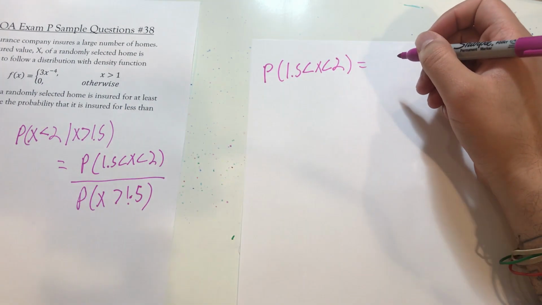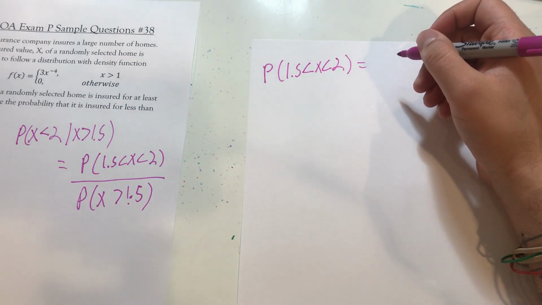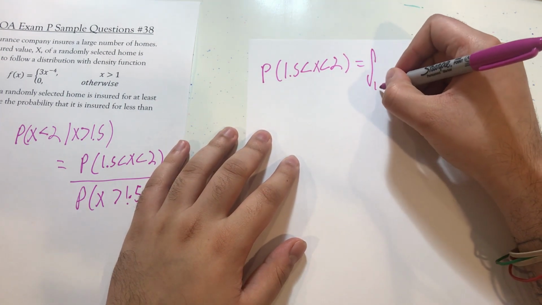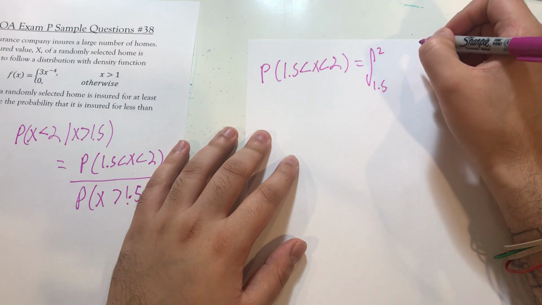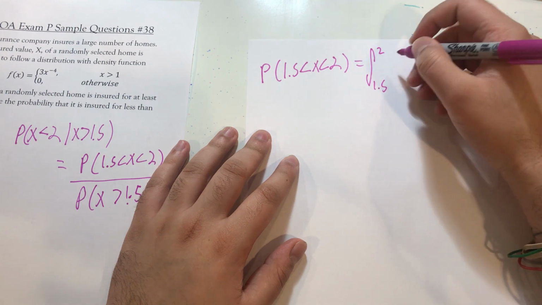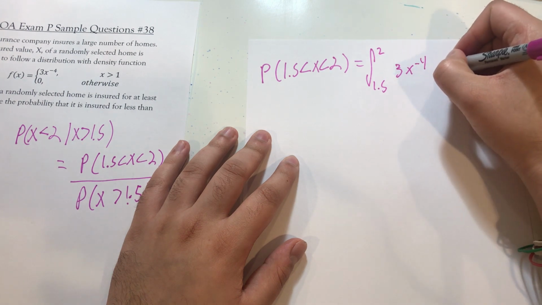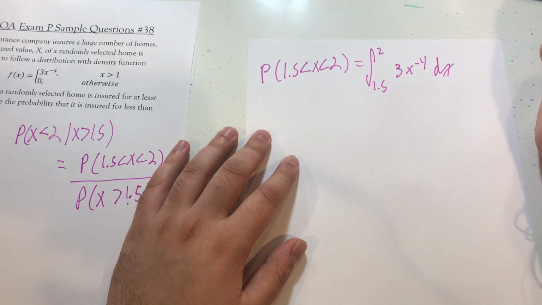In order to get a probability from the PDF, the density function, we integrate 1.5 as our lower bound, 2 as our upper bound, and we're integrating 3x to the negative 4 dx. And no weird integration tricks here. It's very straightforward.